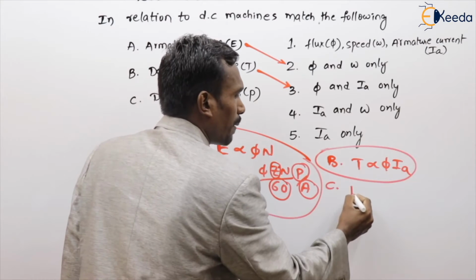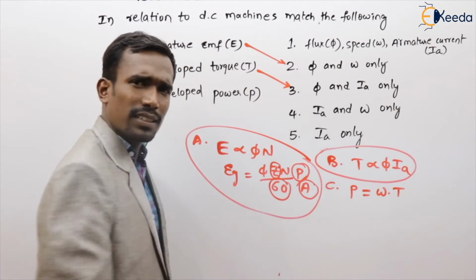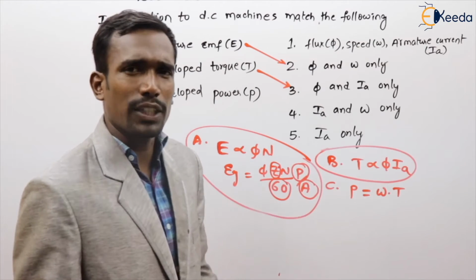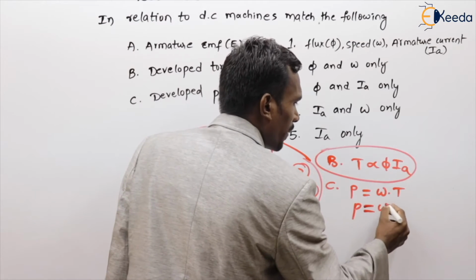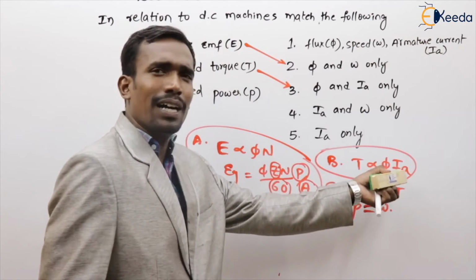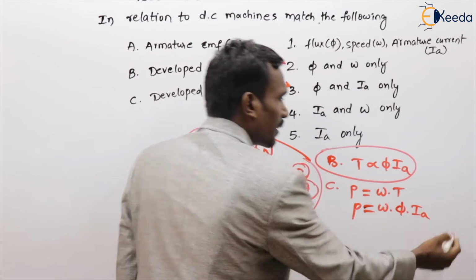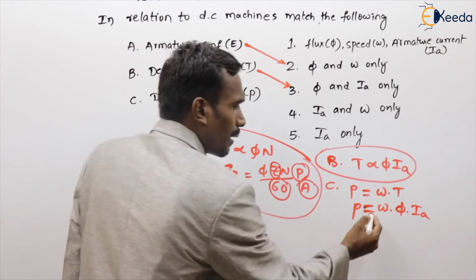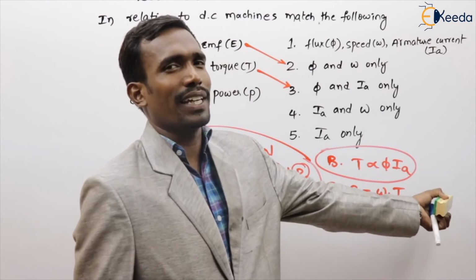And the third one, power. Power is equal to omega into T, right? We know that P is equal to omega into T. T is nothing but phi into Ia. So the power is directly proportional to omega into phi into Ia.